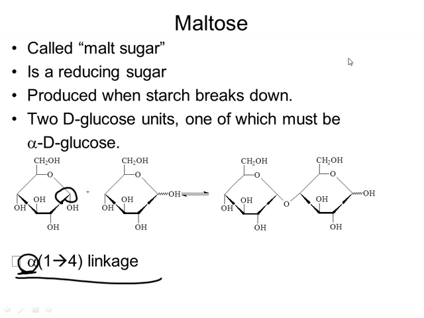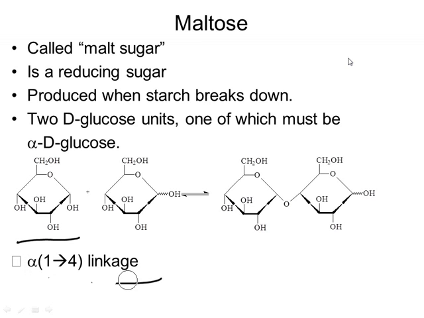The hemiacetal carbon here has to be involved, otherwise it's not really a glycosidic linkage. And this hemiacetal carbon, because it wasn't chiral in the open chain form but is chiral in the closed ring form, the first monosaccharide could be alpha or beta.